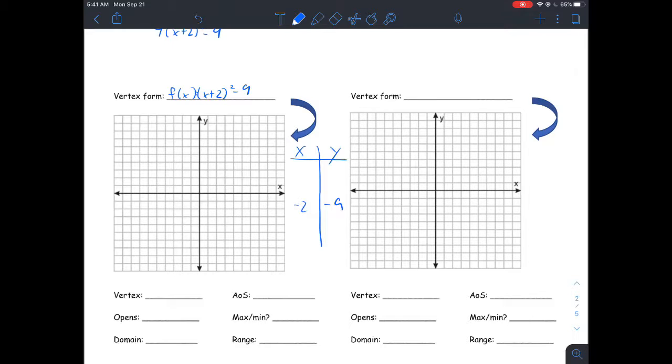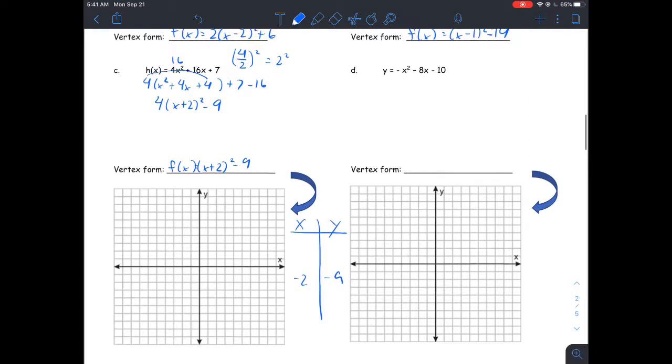And we can go ahead, we'll plug in 0. So we've got, ooh, you know what? I forgot to put the 4 out in front here. There we go.